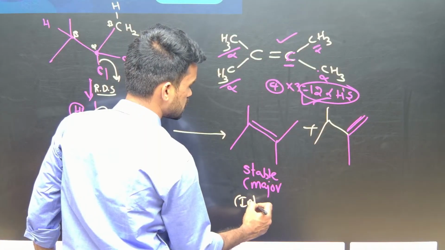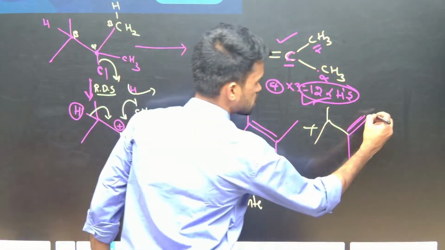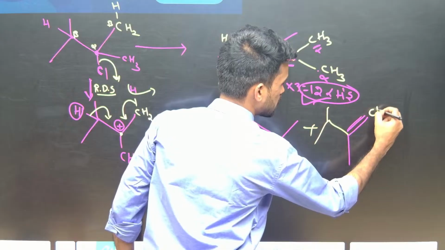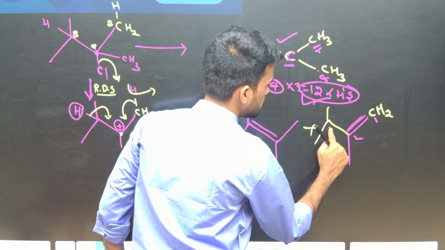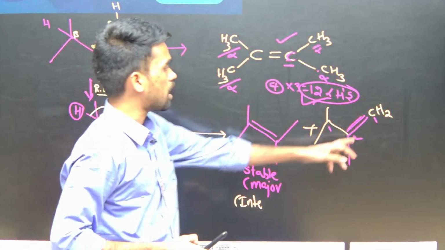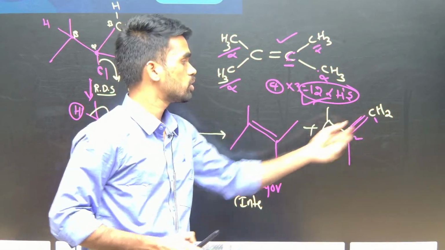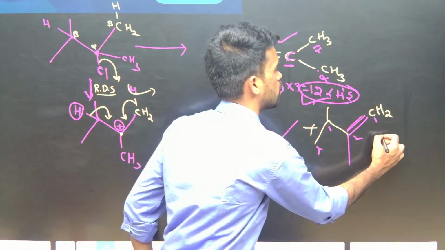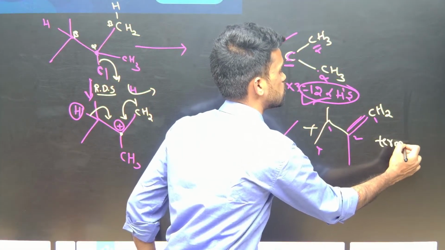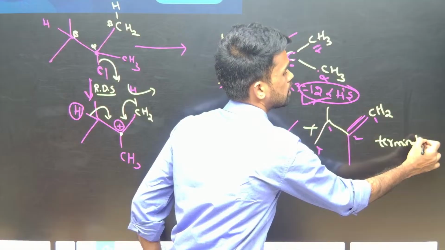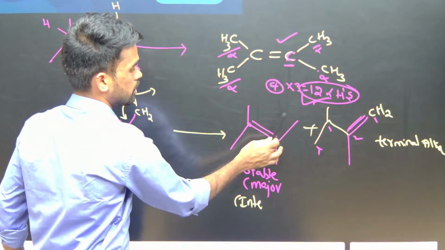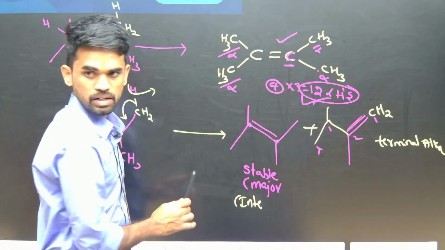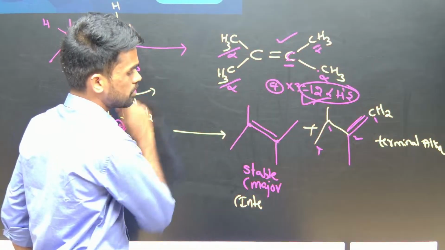Why are we calling it internal? If you observe this carbon chain, numbering 1, 2, 3, 4, the double bond here is at the terminal carbon, so you can call it a terminal alkene. Whereas in this one, the double bond is not on the terminal carbon, it is inside, so this is an internal alkene.